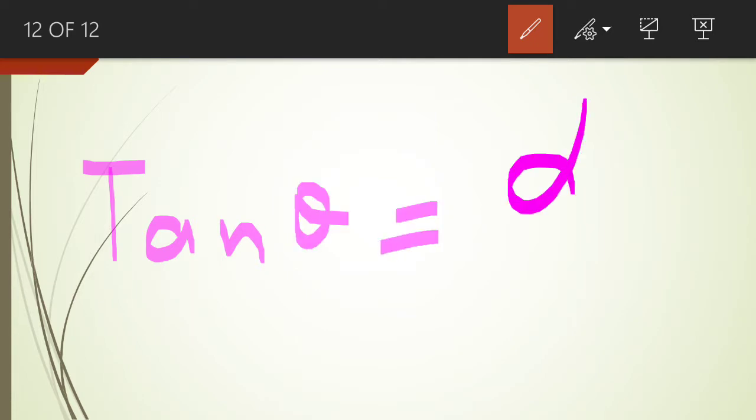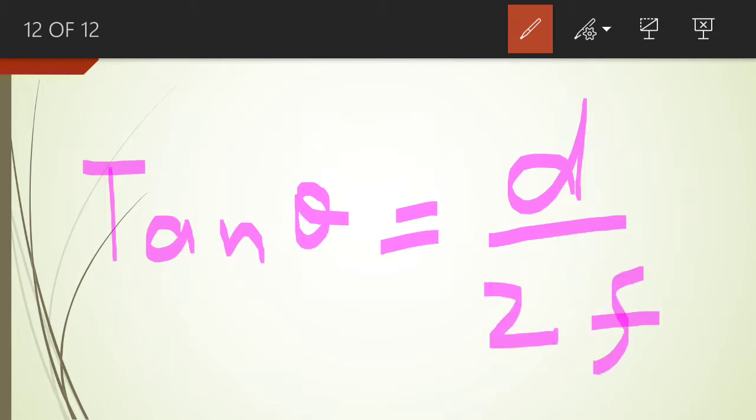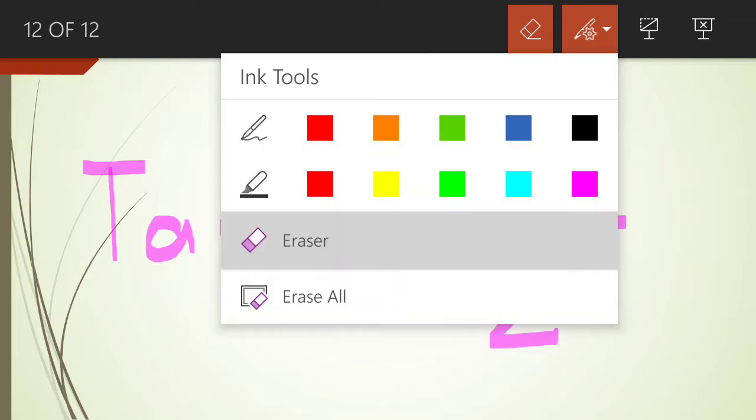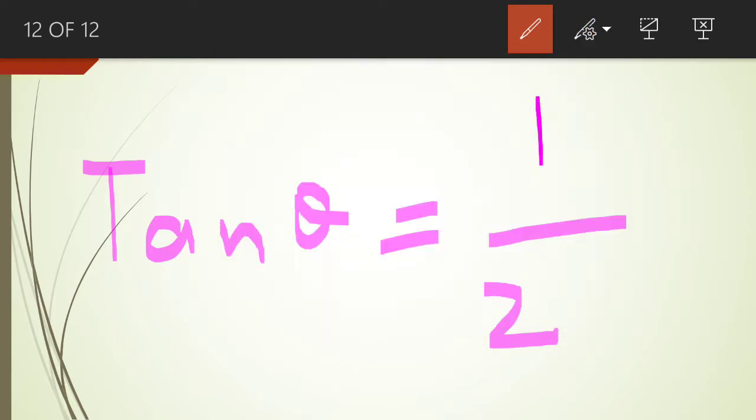So tangent theta is equal to d by 2f. We calculate tangent of this angle theta with the help of d by 2f. So let us put the values over here. If we put the values on the right hand side of this equation, we know that d is 1. We put the value of d, the diameter of the circular photodetector, which is 1 centimeter, and we put the value of f, which is 1/2 centimeter.